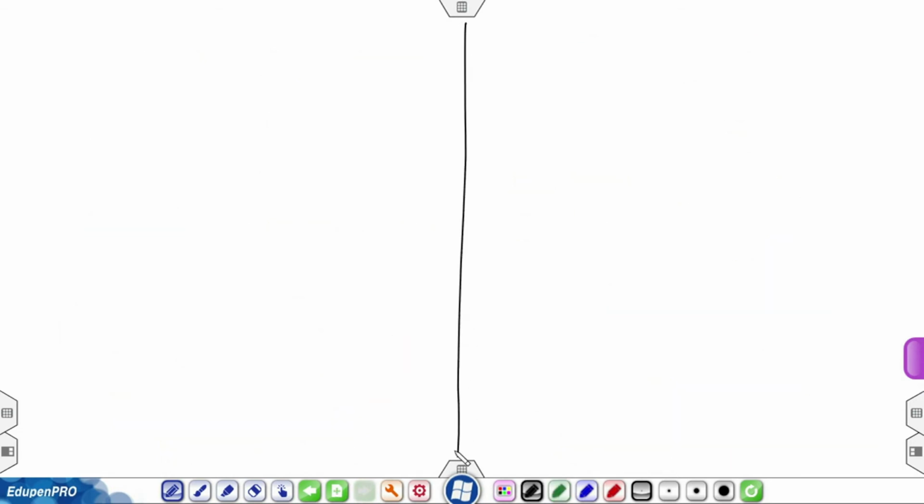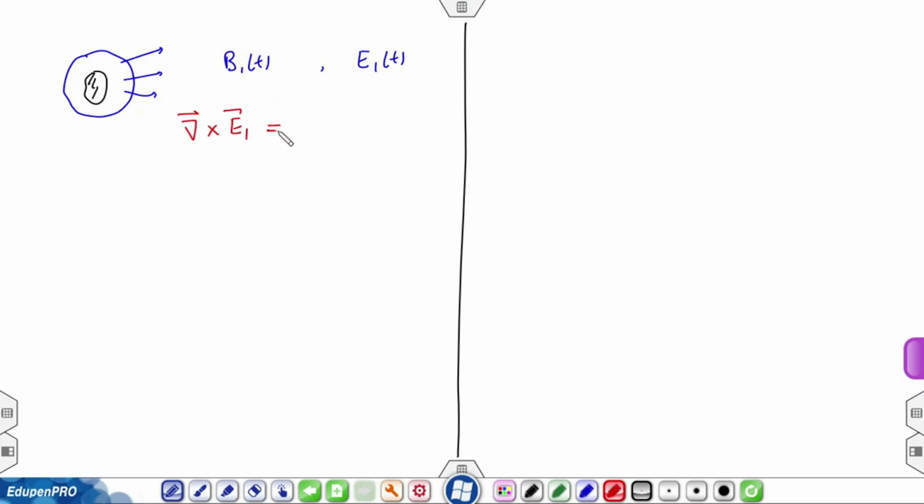So, let us see what did I do. I have a source which is producing a field at the boundary, and then things are propagating from here onwards. B1(t) gives rise to E1(t). So, I would have curl of E1 equals minus dB1/dt.